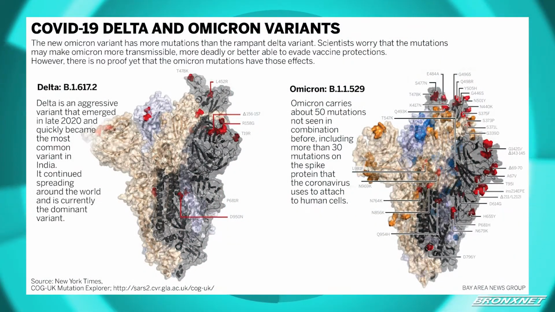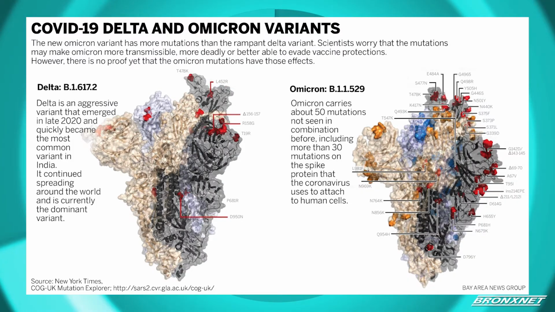variant has more than 50 mutations and more than 30 in the spike protein. Okay, so just a very high number of changes, and it's becoming clear, although it's still relatively early, that Omicron is even more infectious, perhaps about twice as infectious as Delta, right?